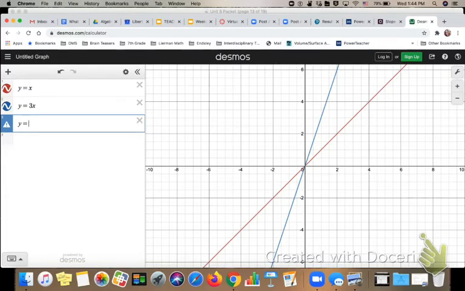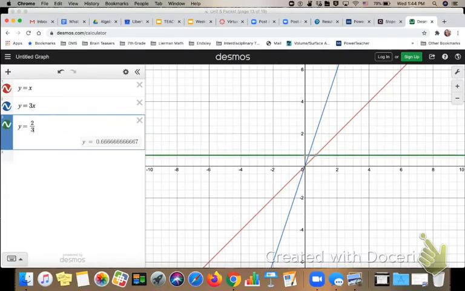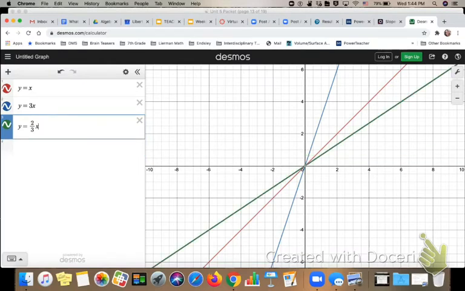So I'm going to write the fraction 2 over 3 x. And you can see by looking at that graph now that the slope of the green line is under the red line, making it flatter. Okay, so by changing the slope, you're changing how steep your line is. The steepness, you're making it steeper or you're making it flatter.